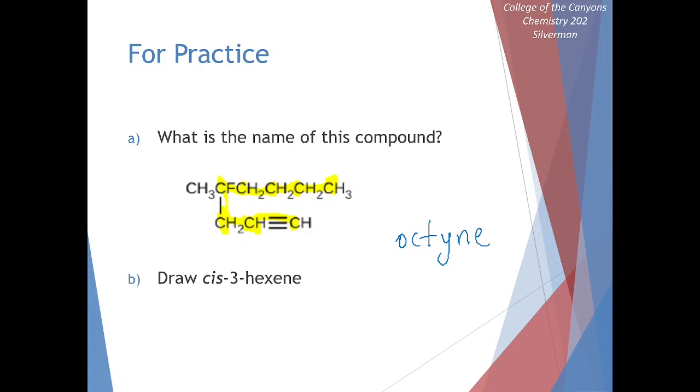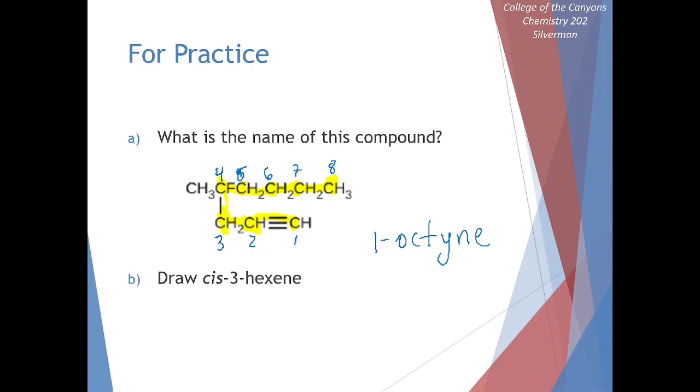We can either have 1, 2, 3, 4, 5, 6, 7, 8 as our numbering system, or we can do it the opposite way, where we have 1, 2, 3, 4, 5, 6, 7, 8 over at the top right. This is going to be better. We want to have our lowest number at our triple bond. So we can call this 1-octyne.